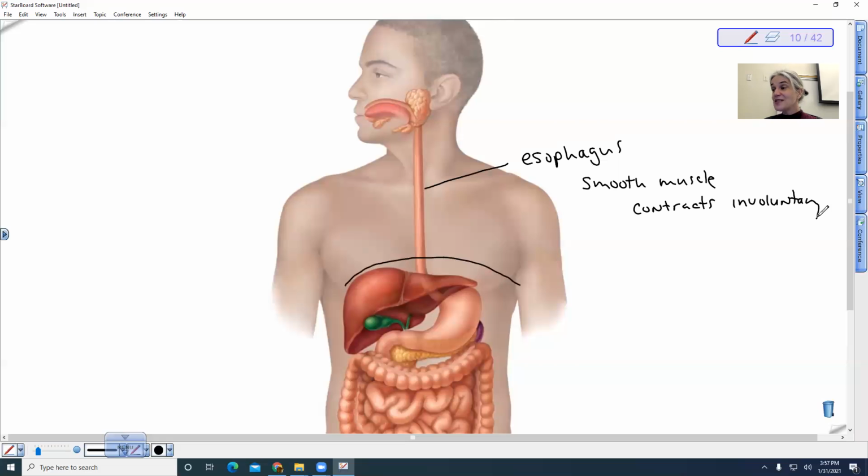Once we swallow something, we do not have to think about pushing it down. The wave of muscle contraction that forces stuff down towards your stomach is called peristalsis.